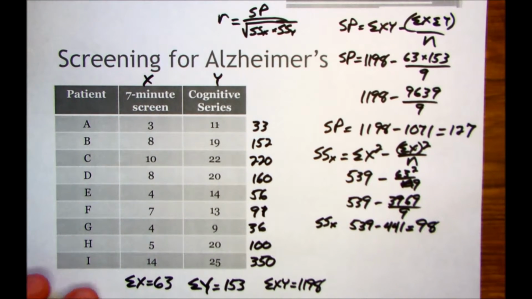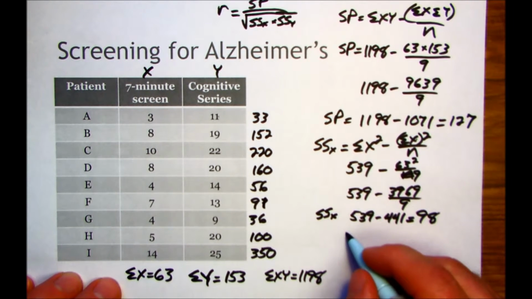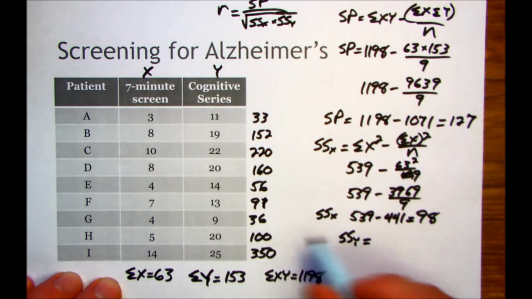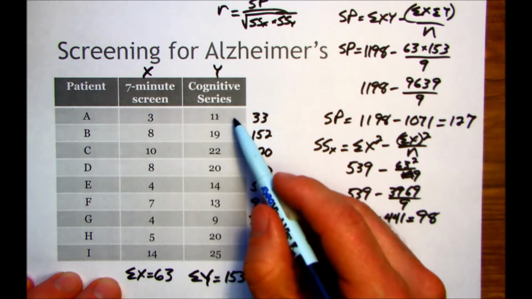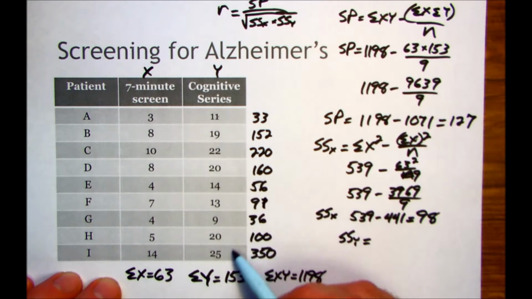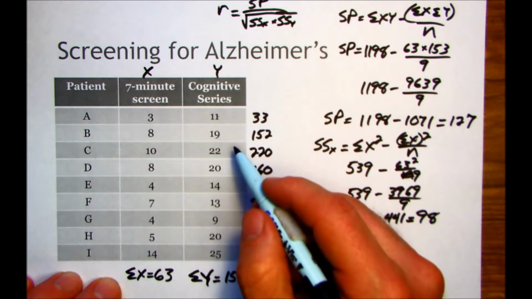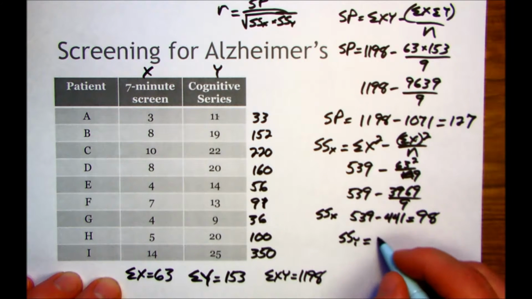Okay? Sum of squares for y, we go through the same process here. If we take each y, square it, and add it up, 11 squared plus 19 squared, and so forth, we go through and do that, we get 2837.